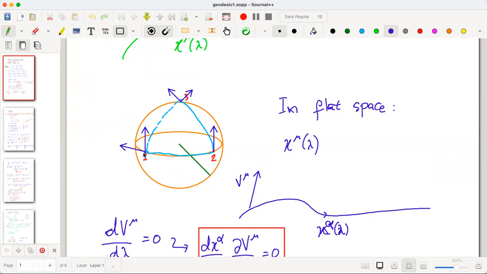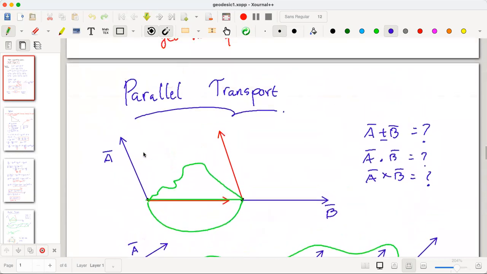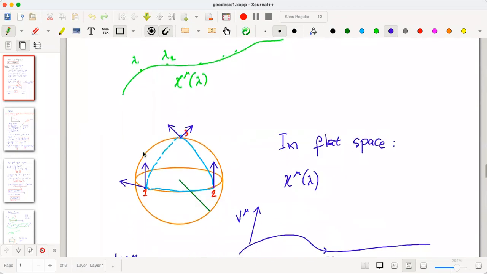Why? Well, from parallel transport we know that a geodesic is the straightest curve, the curve along which, when you transport your vector, the vector remains as parallel as possible.